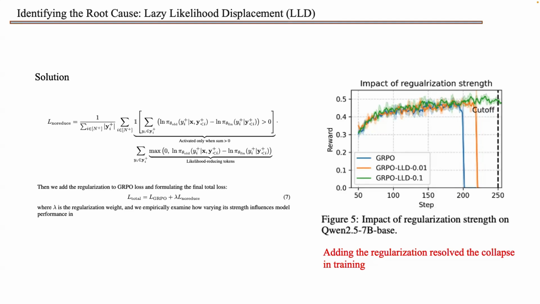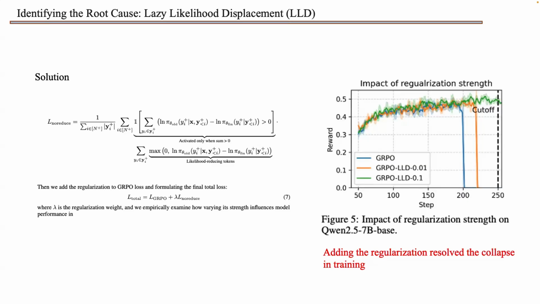Second, we do a token-level penalization, which means that within those reduced responses, we penalize those tokens that are reduced, and we give those tokens an inverse effect, to increase their likelihood. In this way, we design this simple regularization to avoid the likelihood displacement issue.